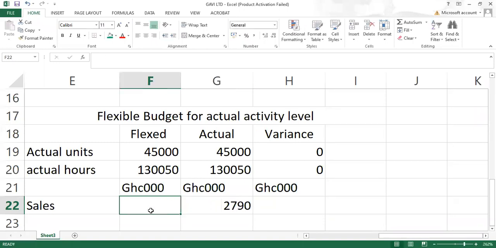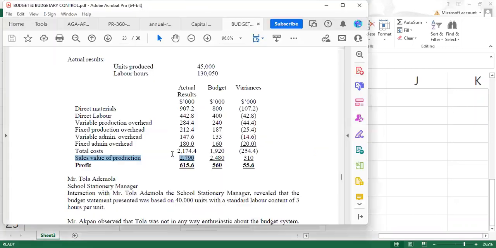But we budgeted that we are going to receive 2480 from 40,000, isn't it? And right now we end up selling 45,000. Are we going to still be realizing the 2480 from it? If we budgeted 2480 for 40,000, what should have been the figure for 45,000?